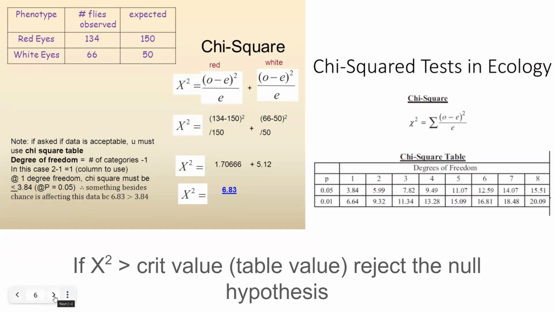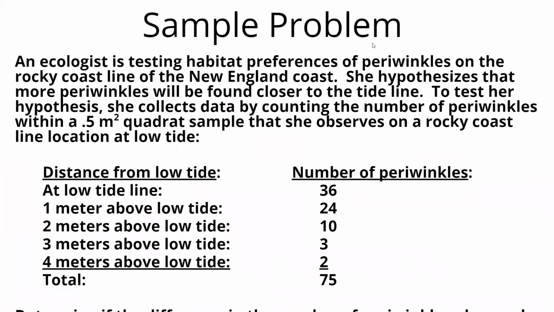So let's do a practice sample problem. So we'll do this one. I will do it at the same time as you all, and then we'll talk through it. An ecologist is testing habitat preferences for periwinkles on the rocky coastline of the New England coast. She hypothesizes that more periwinkles will be found closer to the tide line.